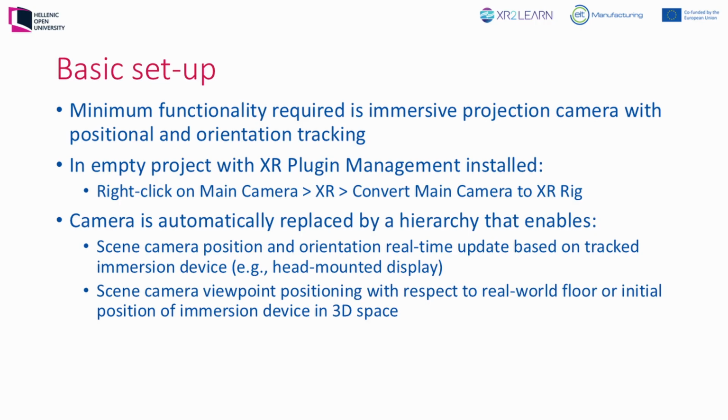The camera is then converted to a game object hierarchy that includes a number of additional components meant to support scene camera position and orientation real-time update based on the tracked immersion device, e.g., head-mounted display, and scene camera viewpoint positioning with respect to the real-world floor or initial position of the immersion device in 3D space.